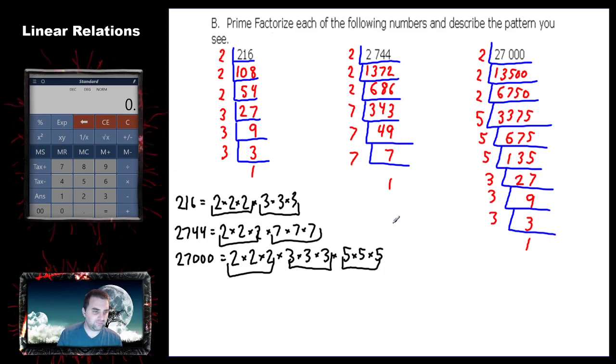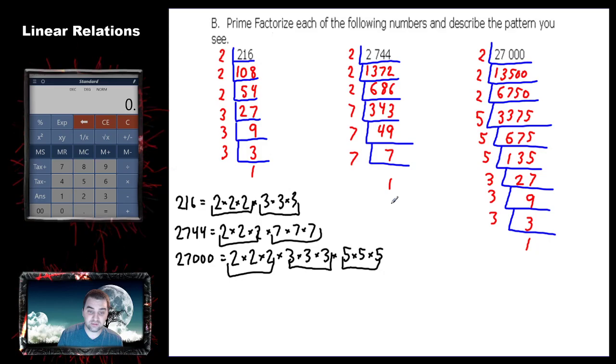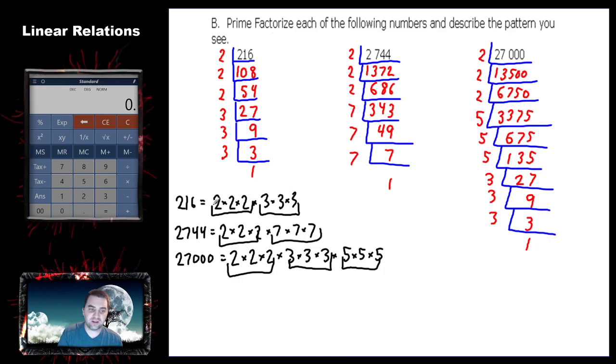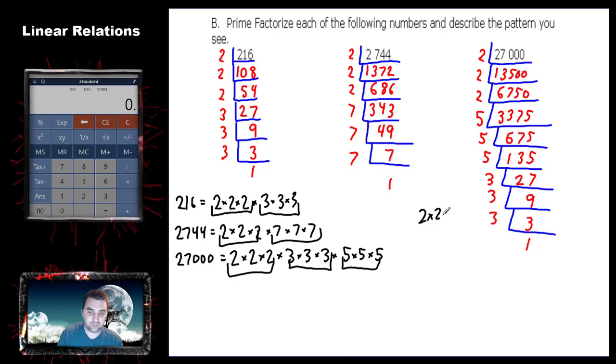Can we use that for anything? Well, not so much in what you're doing right now, but if the pattern was squares, so sets of twos, that is something that is useful for you. But in the future, sets of threes will also be useful because remember that 2 times 2 times 2 is the same as 2 cubed.